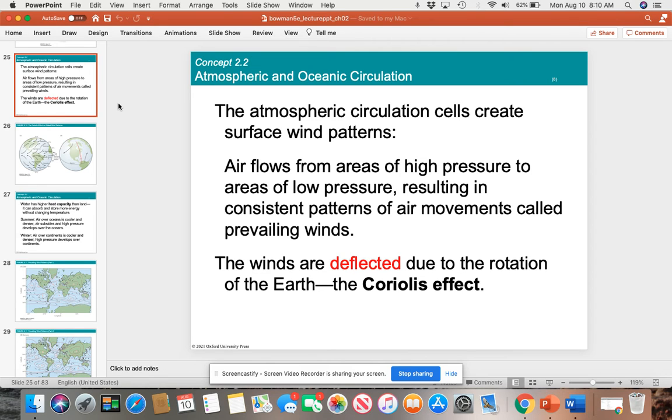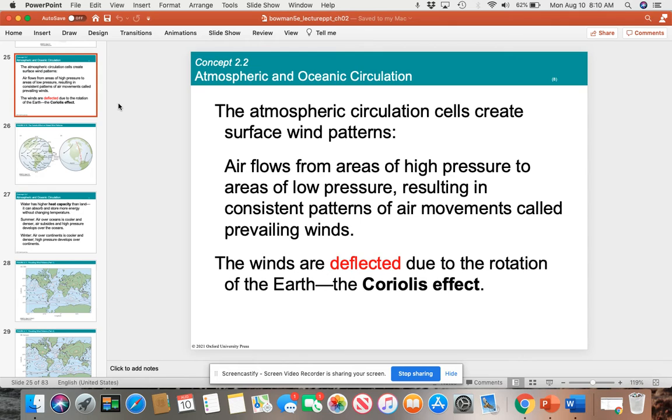It would seem apparent that the winds would travel in straight lines. However, winds are actually deflected by the Coriolis effect, and that is due to the rotation of the Earth.